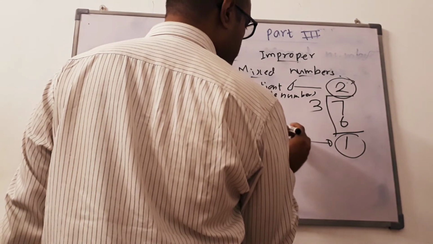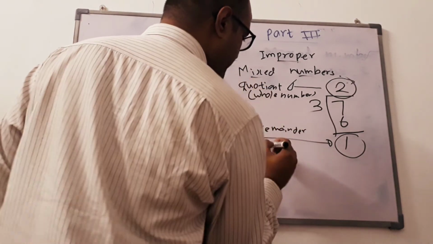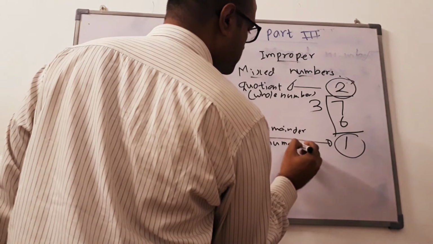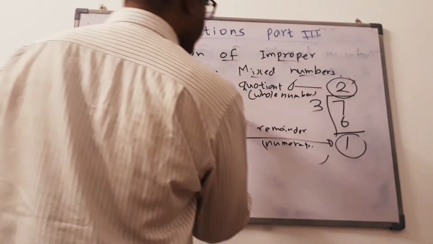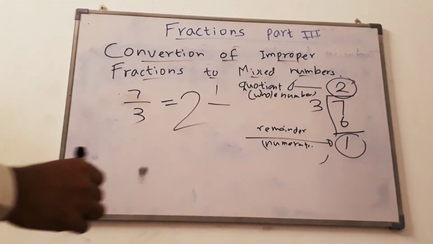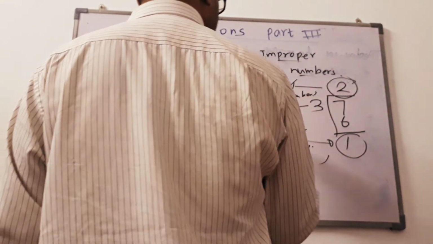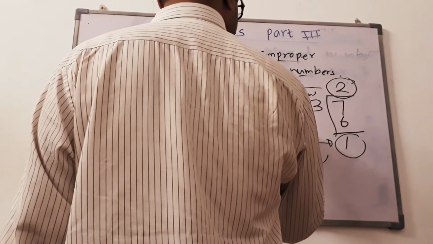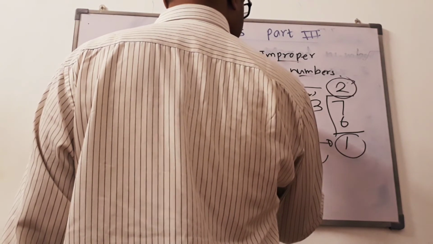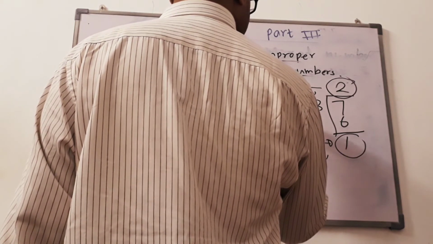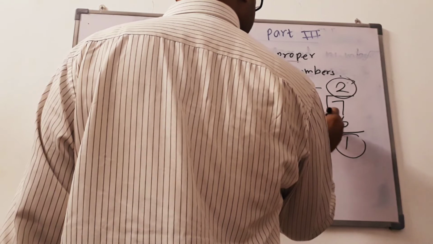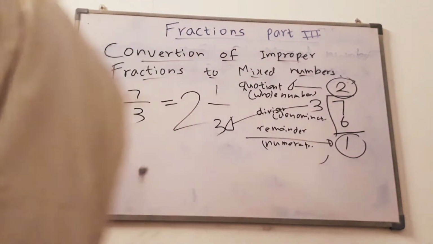Remainder is the numerator. And divisor is the denominator.